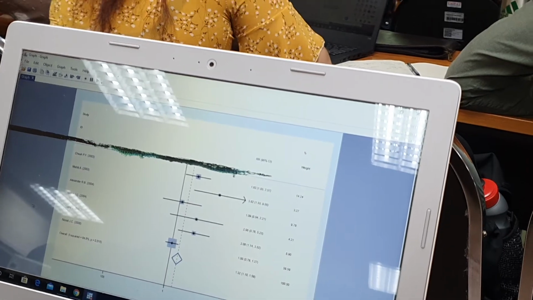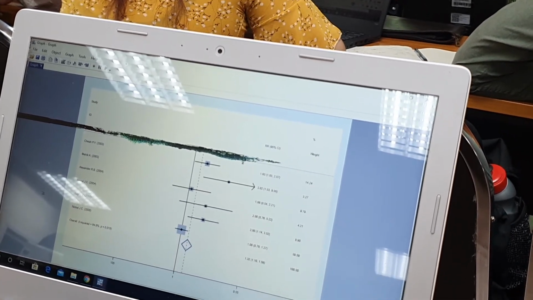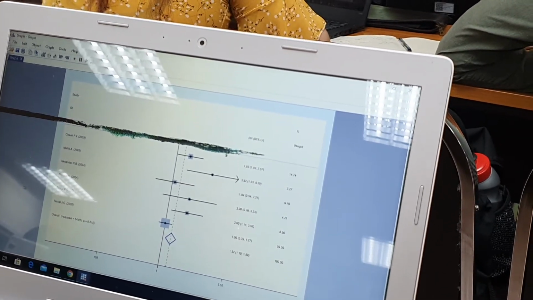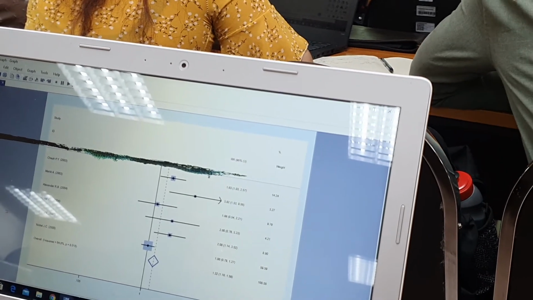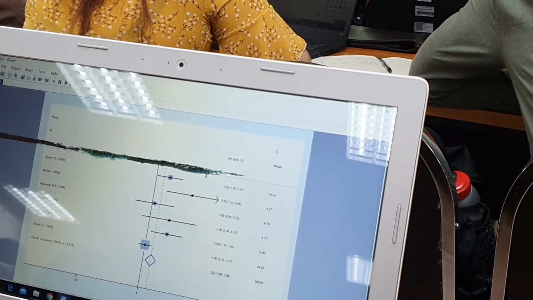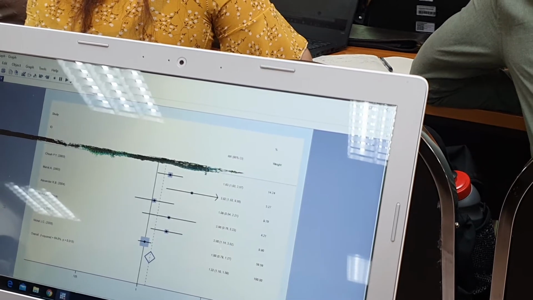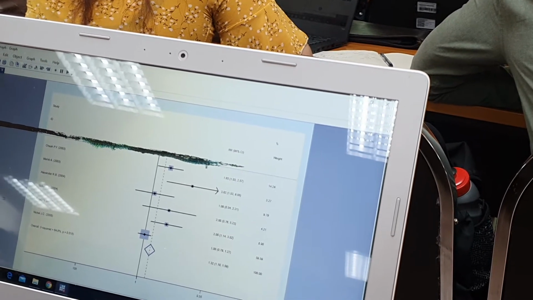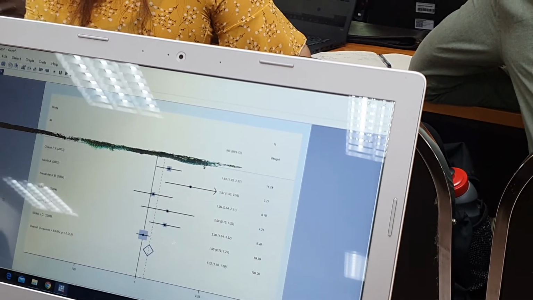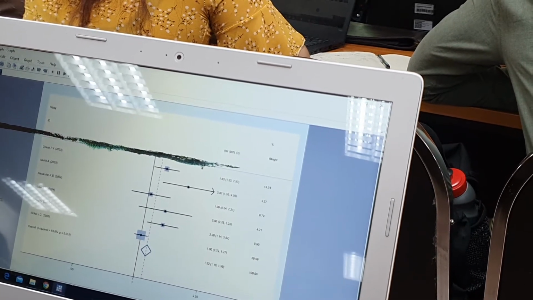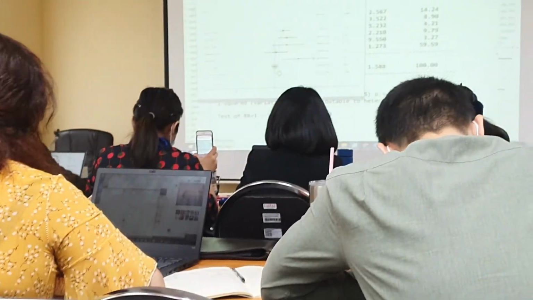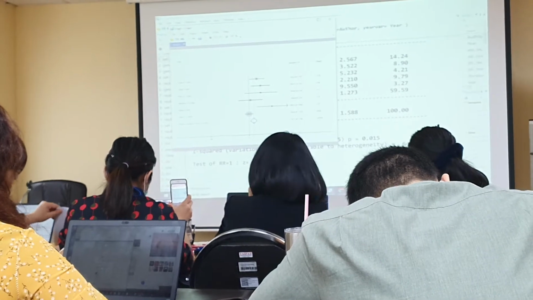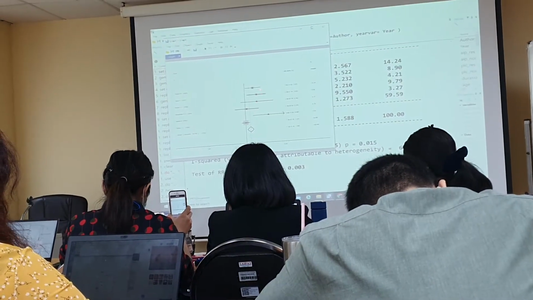If they overlap, that means no heterogeneity. The treatment effect here is the risk ratio. Across 6 studies they seem to overlap, so they should be statistically significant. So that's the first glance at a forest plot.